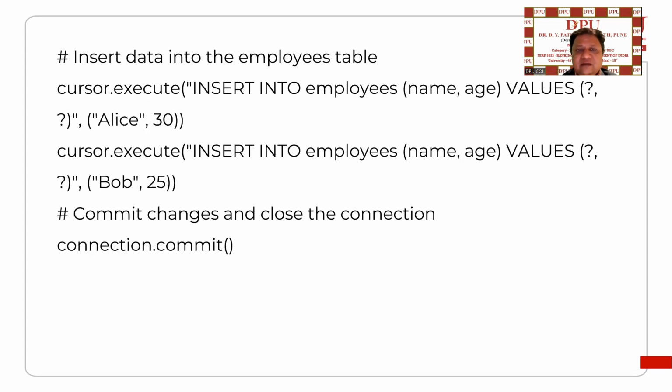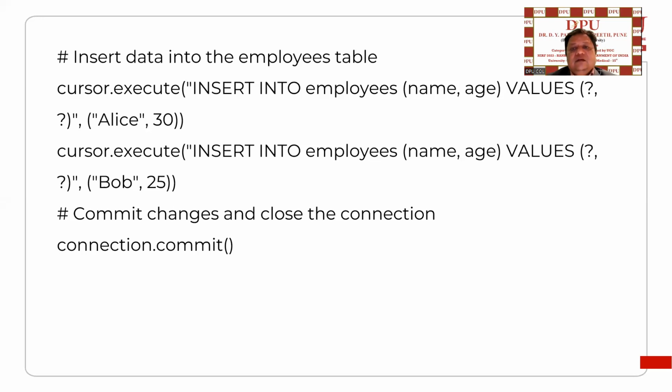Here I want to enter values for name and age, isn't it? For the primary key, that is ID, it will be added automatically, so I don't need to enter it. So here I want to enter the data for name and age, and that's why I'm specifically giving the column names.